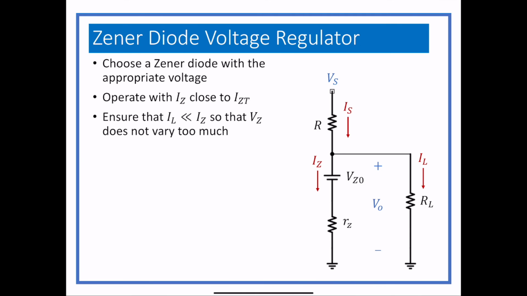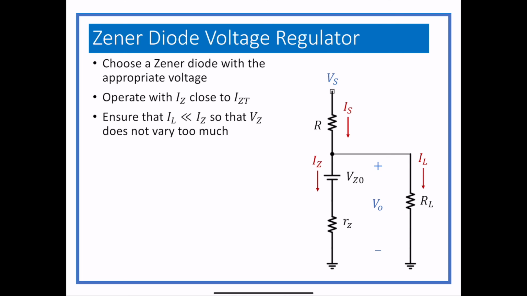Also, the load current can't be too much more than a fraction of the Zener current. And that means that we won't be changing the Zener current too much. So the load current is just going to be a slight amount of current out of the source current, not a great amount, so that the Zener current doesn't change too much.